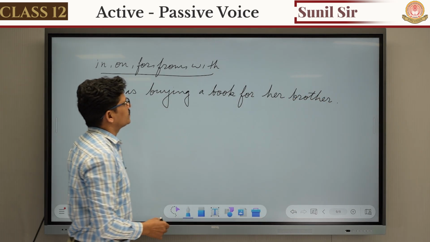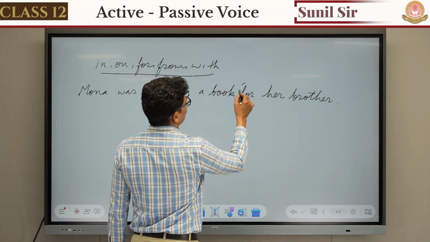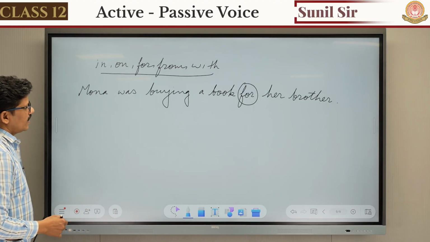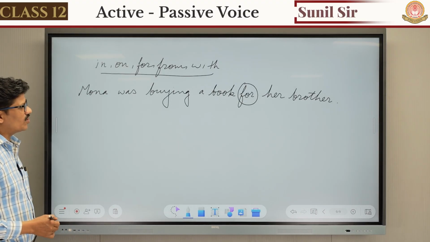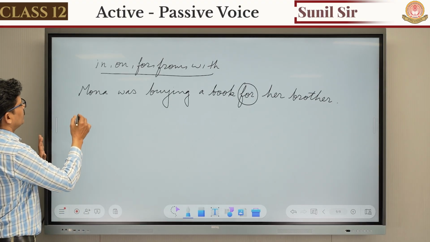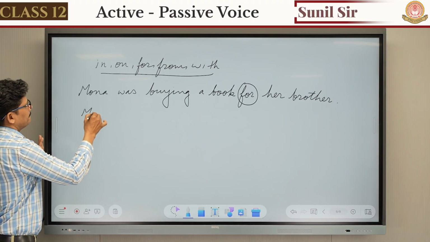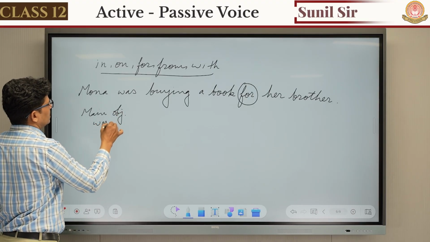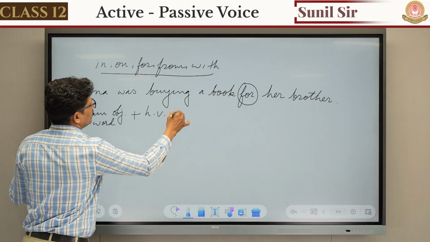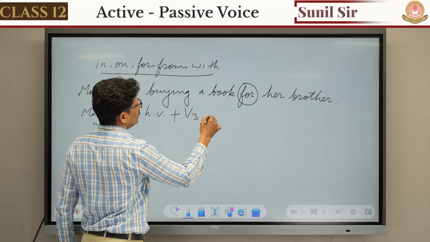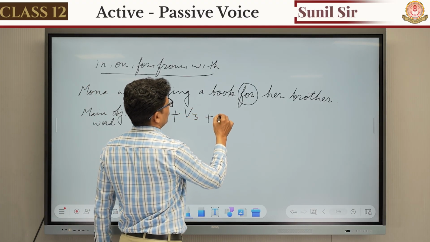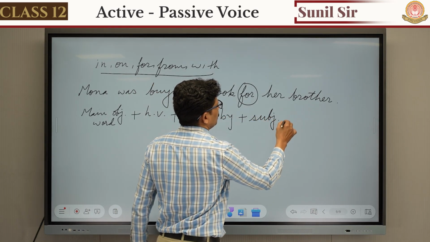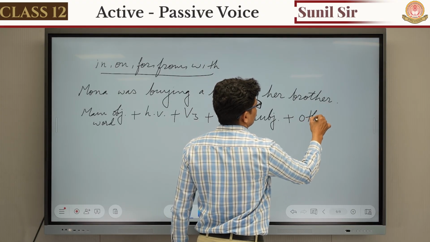So in this sentence, the word "for" has come. If this is there, then I have made a separate formula for this type of sentence. That is, first we take the main object word plus helping verb plus V3 plus by subject plus other words.